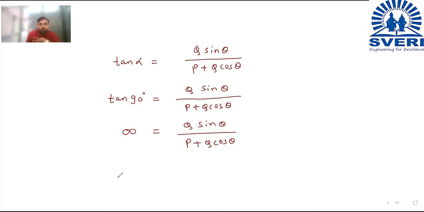So therefore I can equate this denominator to 0. So P plus Q cos theta must be equal to 0. If P plus Q cos theta is 0, then and only then this answer is infinity. Okay. Is it understood?